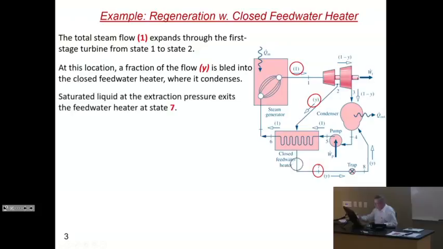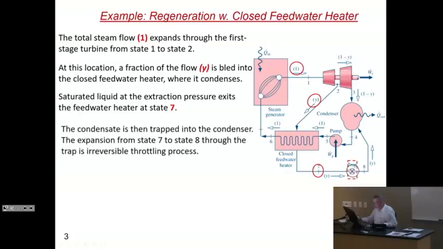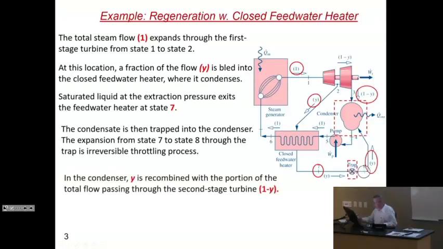It condenses, so at stage 7, it's liquid water that's condensed, which is then sent through a trap between 7 and 8. In the trap, it loses its pressure, but it keeps its enthalpy. And then at 8, it is mixed with a fraction 1 minus y that came from the second stage of the turbine.